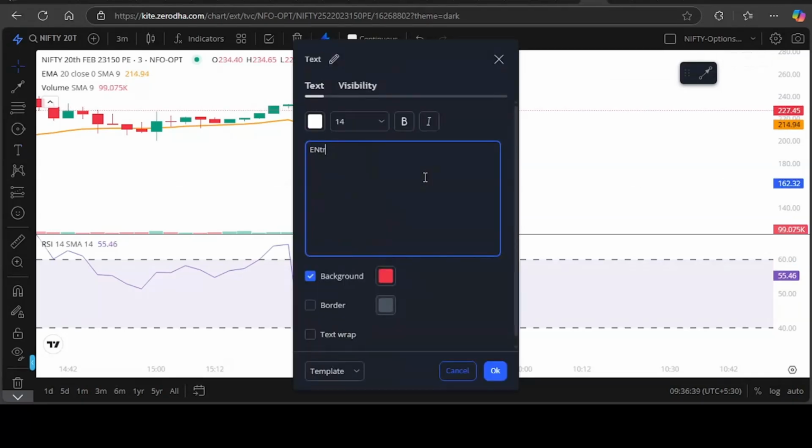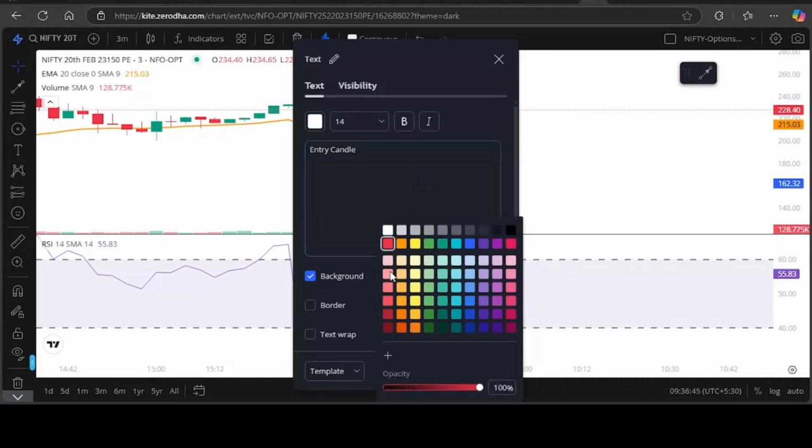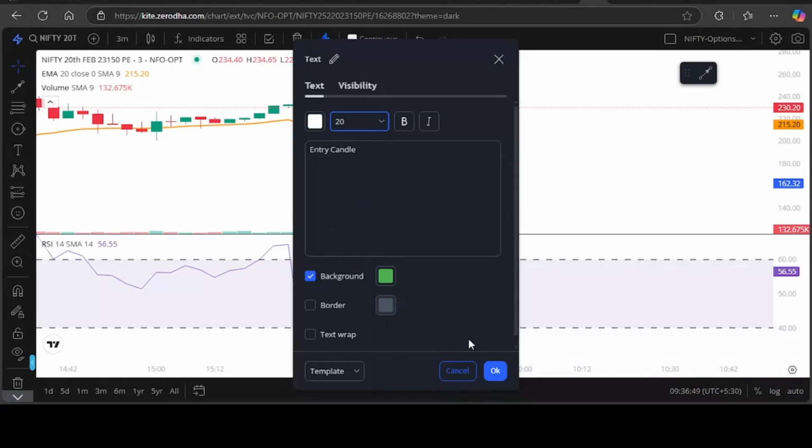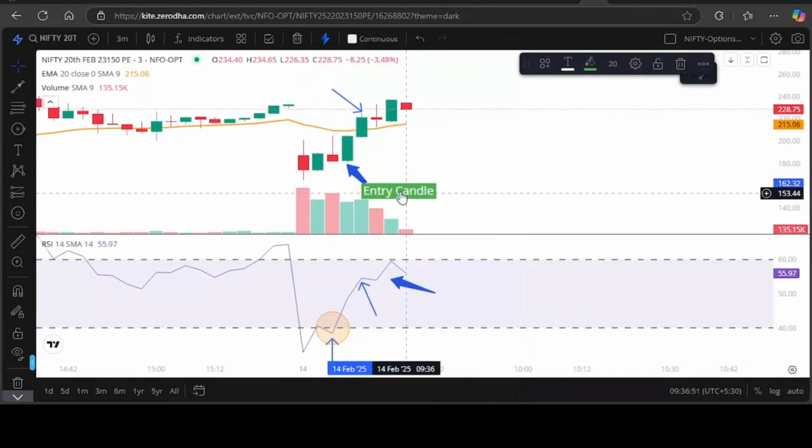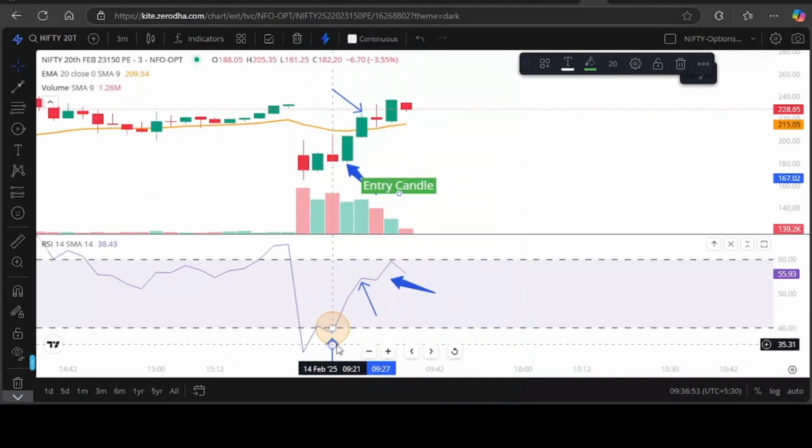This is the entry. This is the entry candle. I'll put this in green. I will increase the font so that it's clear in the video. Entry candle.